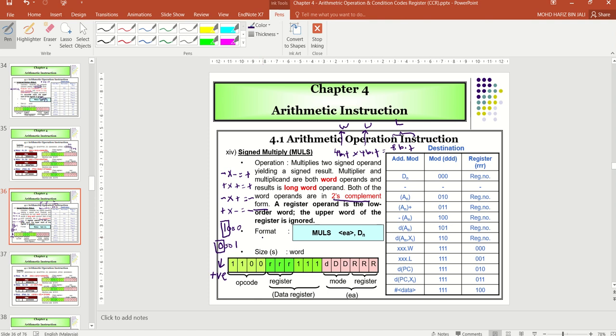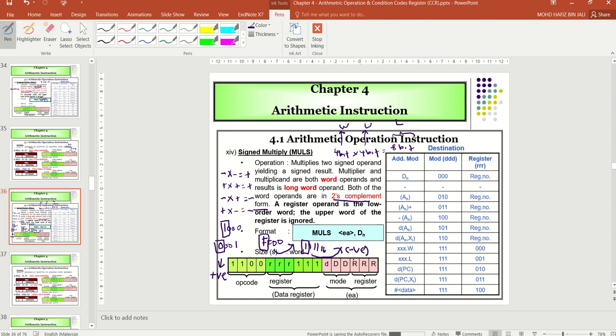If for example the hexa value is FF00, FF in binary is 1111. So if you get the MSB 1, it is a negative number.